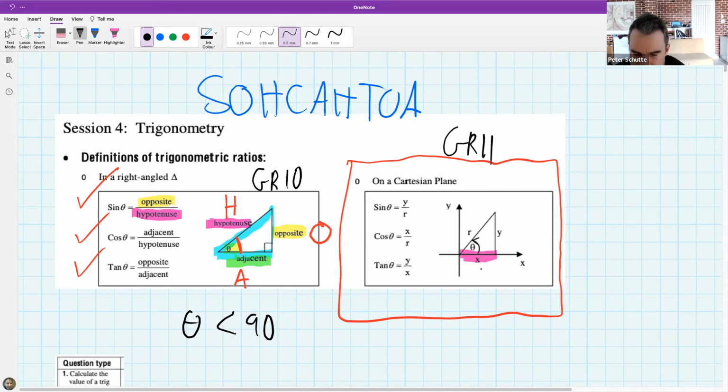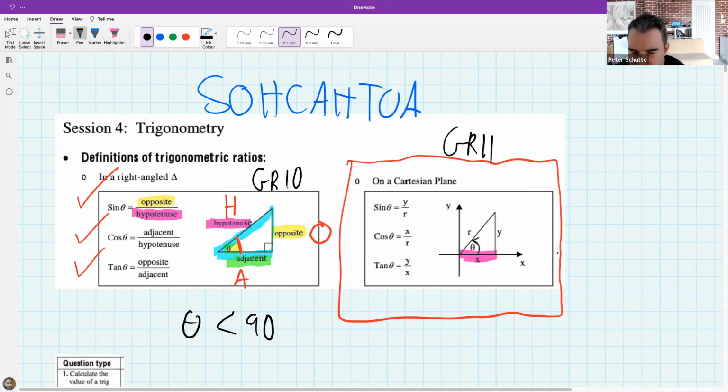The main other thing is that instead of using O, A and H, you also notice that we're using X, Y, and R. X represents the length of a side of the triangle, Y represents a length, and R represents a length. They're defined in terms of being on a Cartesian plane, and so we're using Cartesian plane notation.